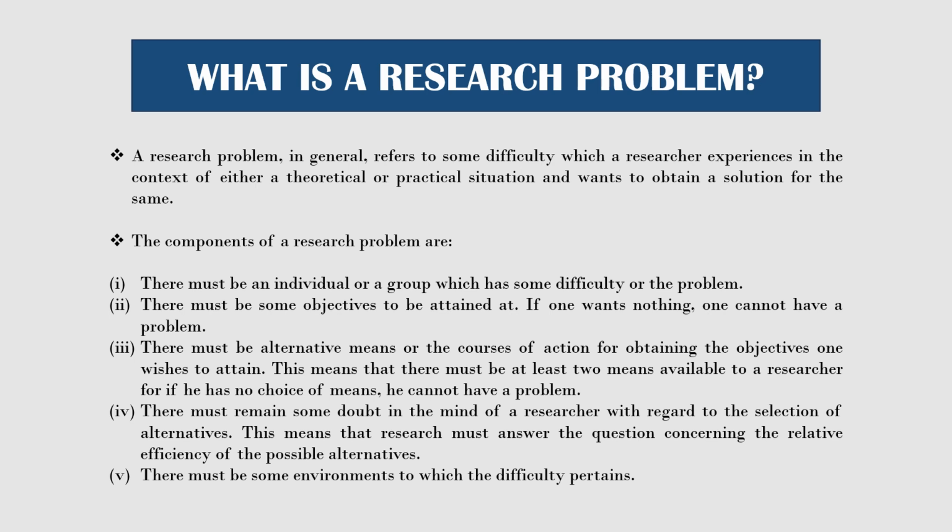And there must be some environments to which the difficulty pertains. Actually, there are always variables in research, so we have to take into consideration all these variables while working on a research problem.